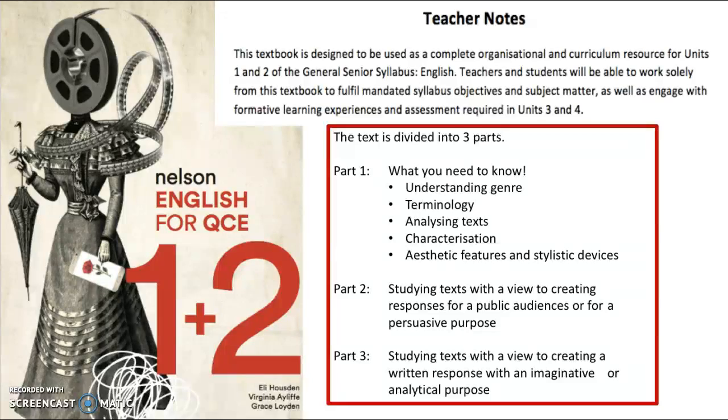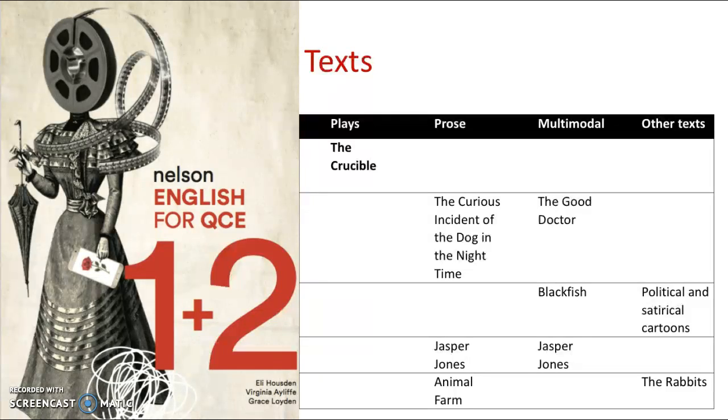These 5 chapters are designed to build the foundation of students' knowledge and appreciation of text, as well as creating a useful reference to be referred to throughout the course. Part 2 is then linked to Unit 1 in the syllabus. We have chosen texts that help students and teachers create responses for public audiences and persuasive texts.